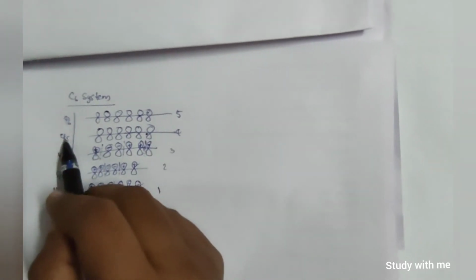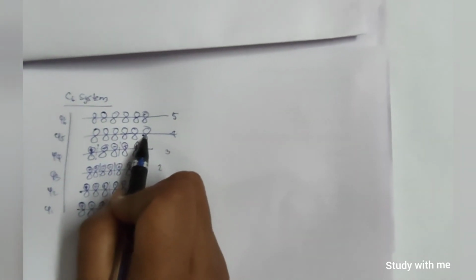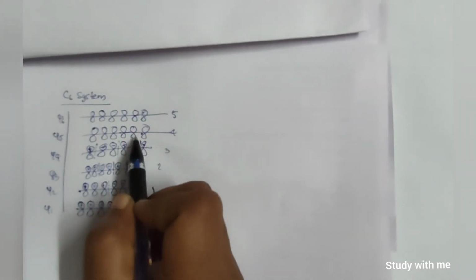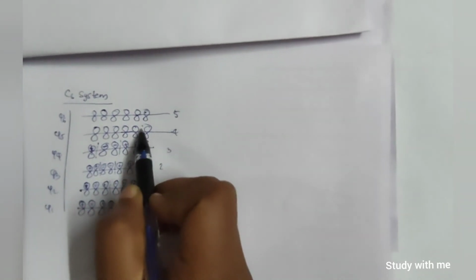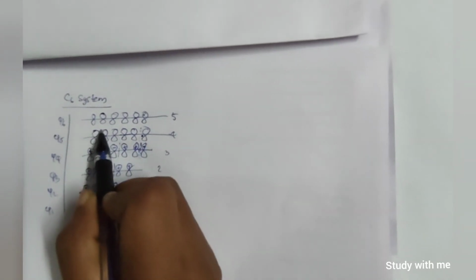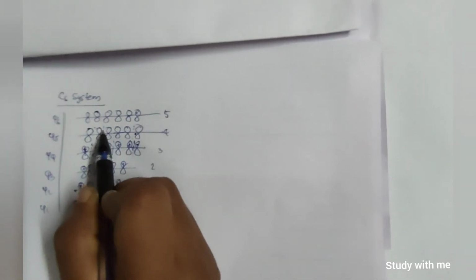And the other one, psi 5, will have 4 nodes. So I can introduce the 4 nodes: first one here, and last one here, and here, and here. The middle two will be the same.